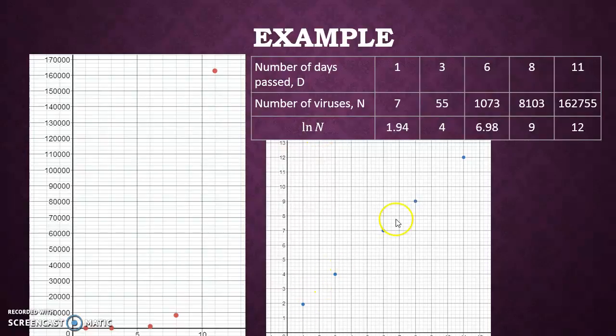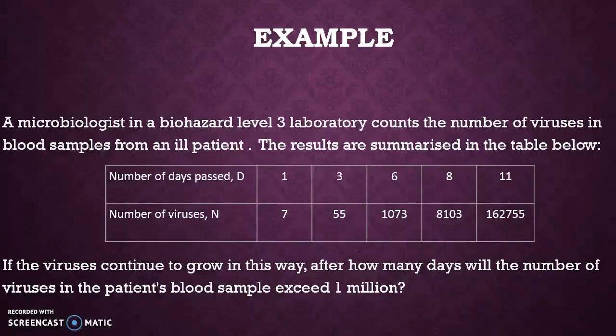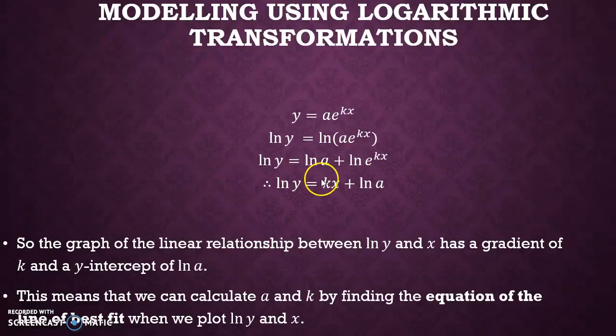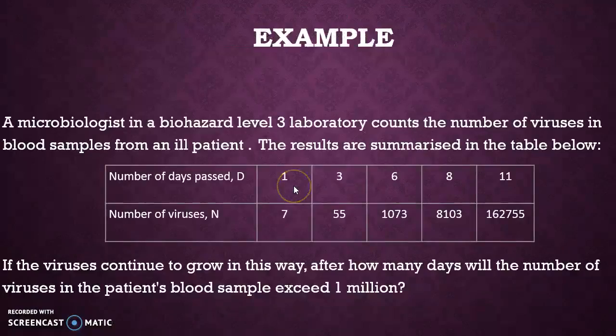And as you can see here, we get a nice straight line. From that line, we can work out the equation of that line, and from that equation, we can work out our a and k values based on this relationship here.